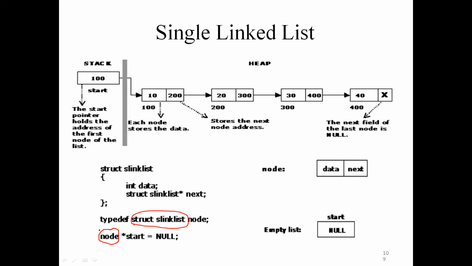If I didn't write this line, then whenever I want to declare a node, I have to use struct S-link list star start equal to null. Since I'm using this line, I'm defining a node like this. So this is a node pointer, a pointer of data type struct node. Keep it in mind: start is a pointer variable of struct node data type.